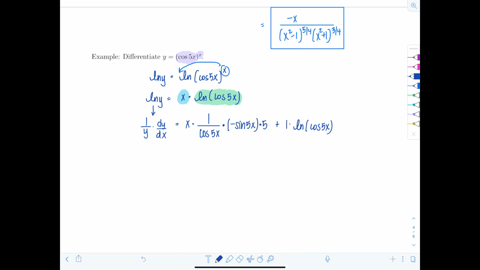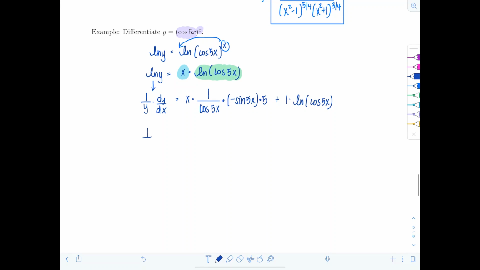Okay, it's just cleanup time. So we've got 1 over y dy dx equals negative 5x sine 5x over cosine 5x plus ln of cosine 5x.